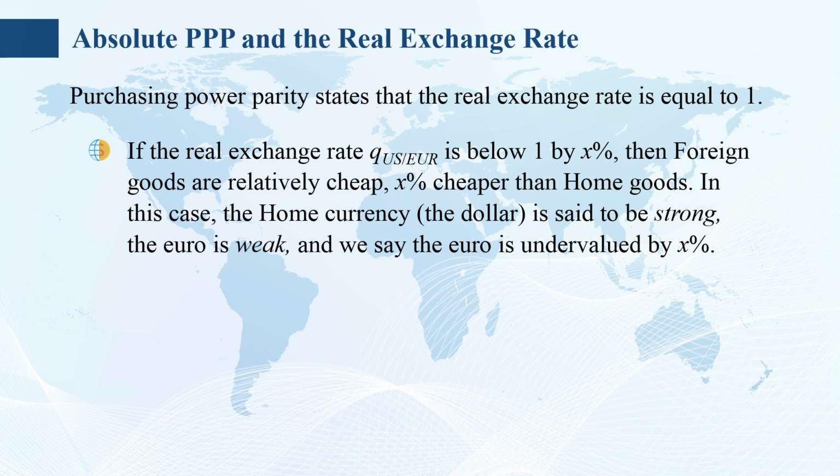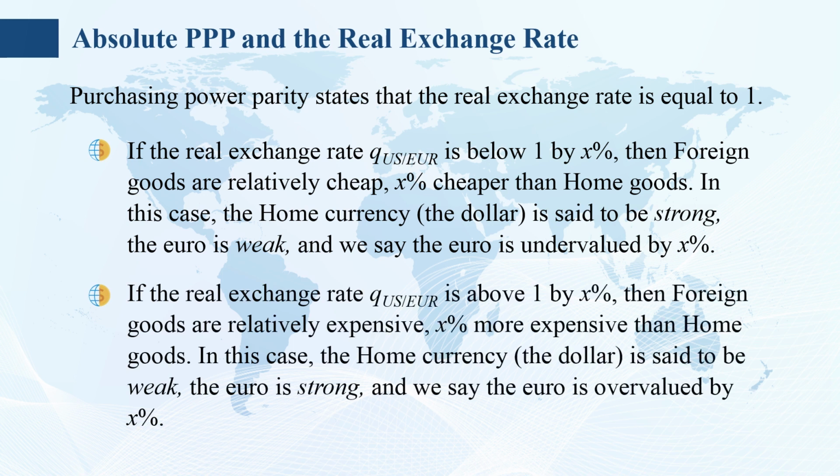The euro is weak, and we say the euro is undervalued by X%. If the real exchange rate Q is above 1 by X%, then foreign goods are relatively expensive, X% more expensive than home goods. In this case, the home currency, the dollar, is said to be weak. The euro is strong, and we say the euro is overvalued by X%.